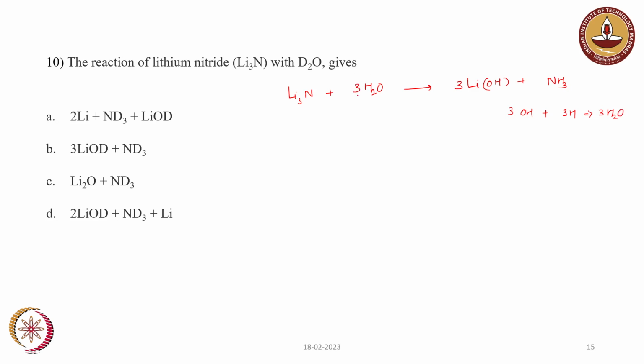So it will be 3. We can use the similar equation for the reaction of lithium nitride with D2O. So Li3N plus 3 D2O will be giving 3 LiOD, right?